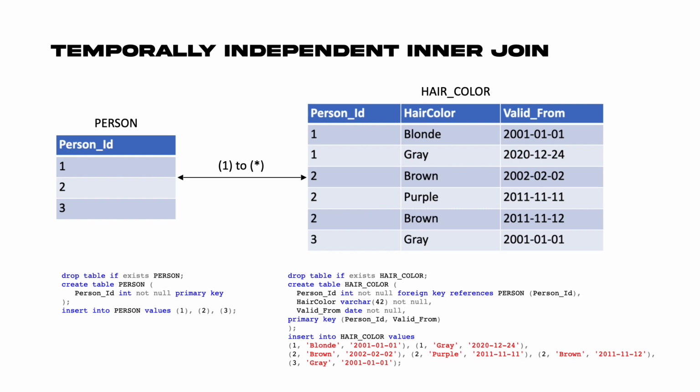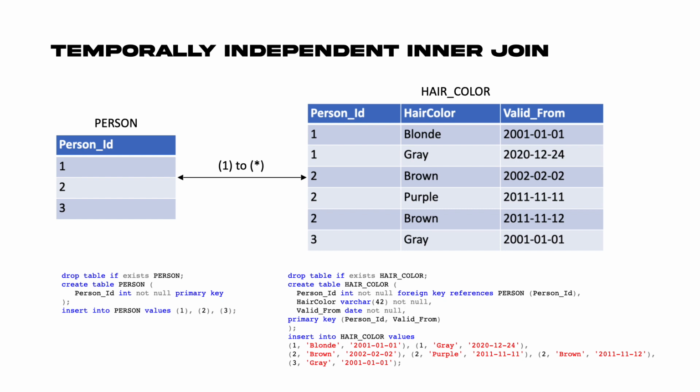If you look at the hair color table, you can see that for person 1, they started out having blonde hair, and some 20 years later, this hair has turned gray. Whereas for person number 2, they probably dyed their hair purple for one day on the 11th of November 2011, and it was brown both before and after that date.